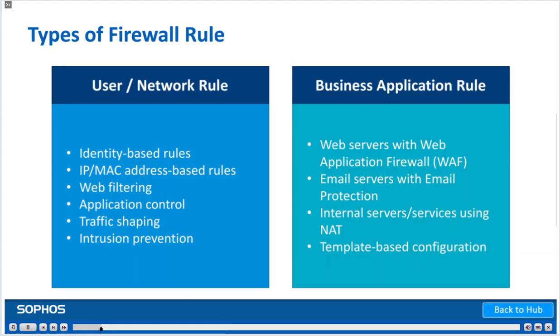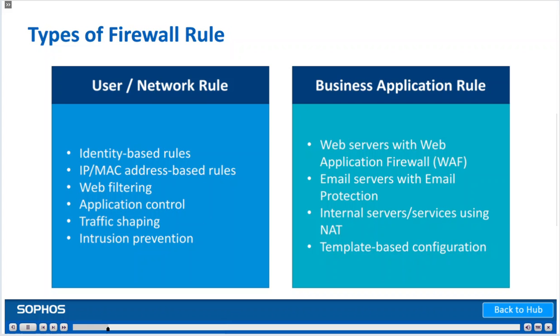Firewall rules are either user or network rules, or business application rules. User or network rules are very similar, with the main difference being that the user rules will control traffic based on a user identity and not just the IP or MAC address. In user or network rules, you can apply policies for web filtering, application control, intrusion prevention, and traffic shaping.